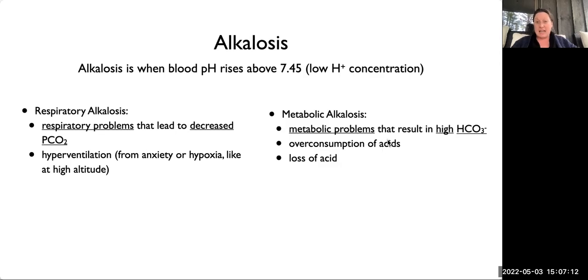So if you eat too many of those, then you're putting way too much bicarbonate in your body for your body to handle. You can also get metabolic alkalosis from a loss of acid. This is usually from severe vomiting or somebody that has to have their stomach pumped out because you're taking all that acid out of the body. It leaves a balance of bicarbonate or base in its place.